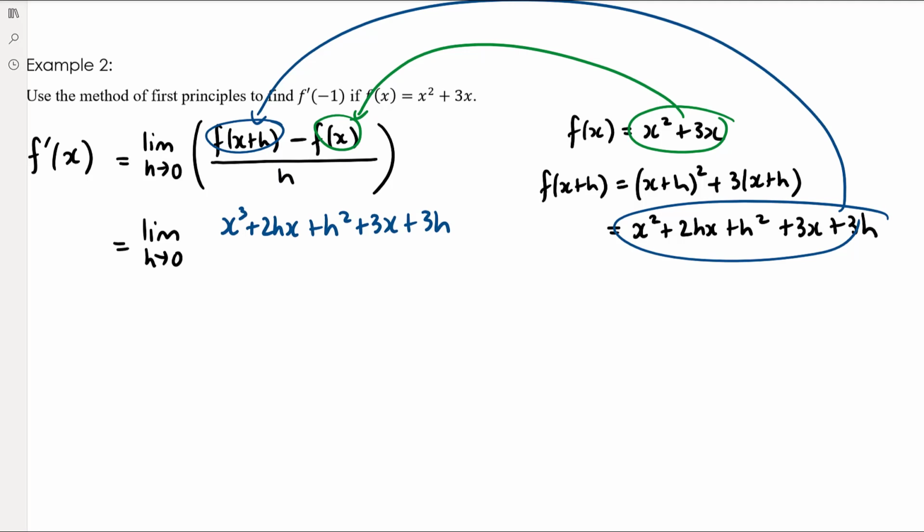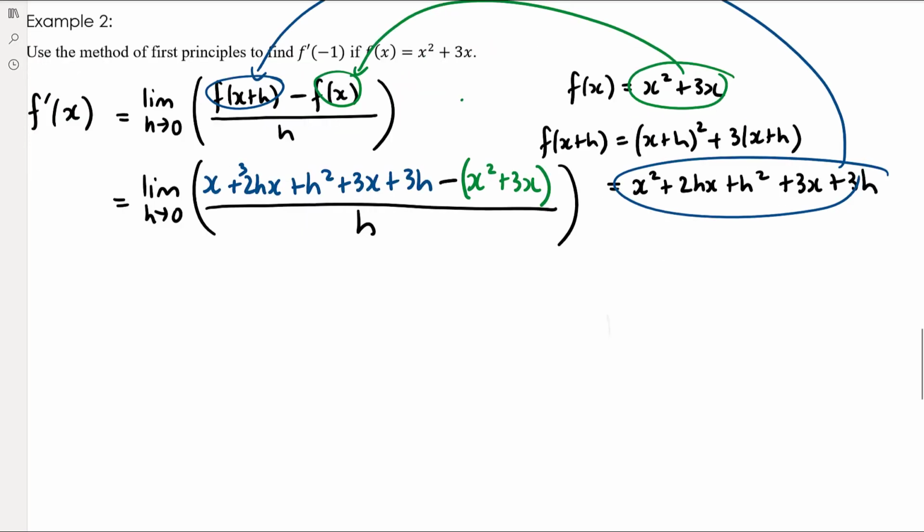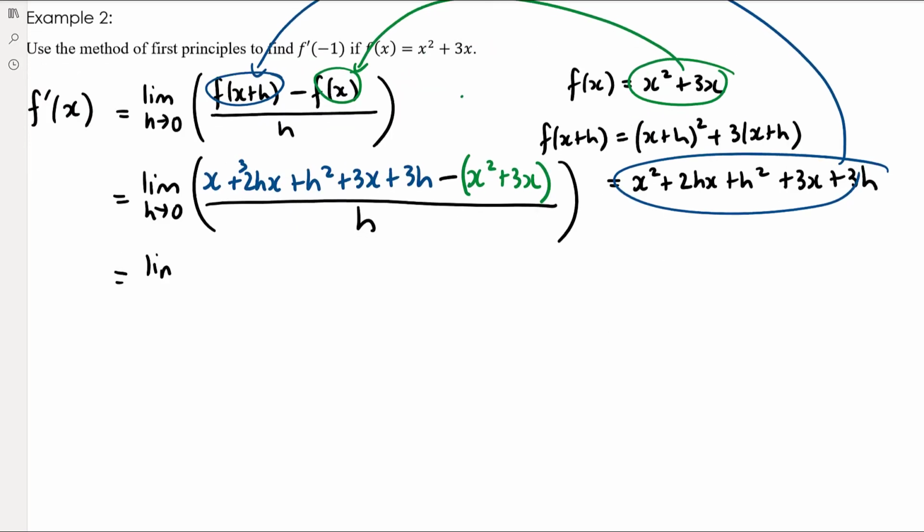Okay, and then we're going to subtract f of x, let me just move that over a bit, got a bit crowded here, which is x squared plus 3x. Now be really careful here because we're subtracting all of f of x, so you must make sure that's in a bracket because you need to subtract both x squared and 3x. Okay, so that means we're calculating the limit as h approaches 0.